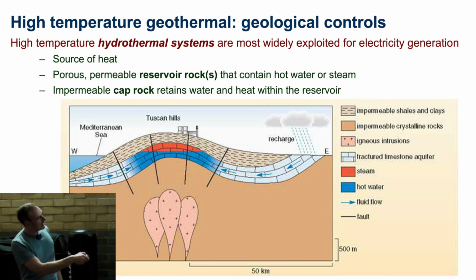We have a fantastic permeable porous aquifer, which is in fact a fractured limestone, so it's a sedimentary rock. We have a nice cap rock that's impermeable, that sits above that, which is impermeable shales and clays, so all the fluid is retained within the reservoir. And we have a trap structure, which is trapping that hot water and even a steam cap within the reservoir, so we can drill wells in there and bring the heat to surface.